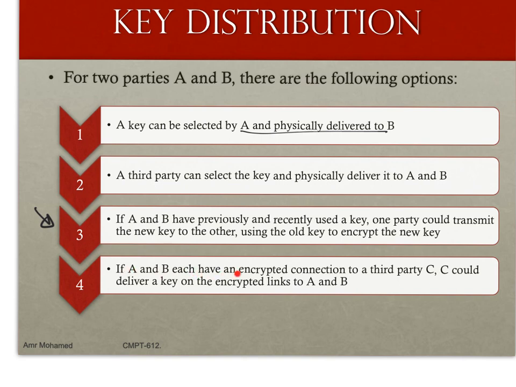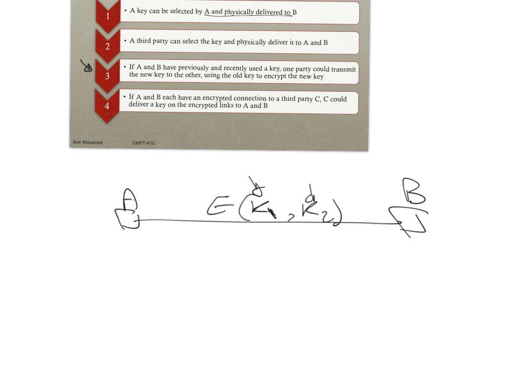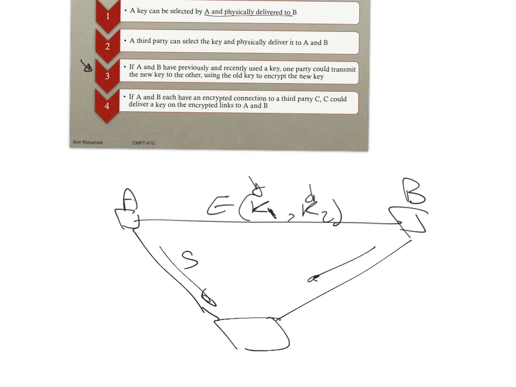If A and B each have an encrypted connection to a third party, and we'll see how this happens, then C, the centralized or third party, could deliver this key to A and B. So now A and B have a secure connection: this is secure and this is secure with C. Then C, through this secure connection, can deliver any key to A and B, and then A and B can start communicating.